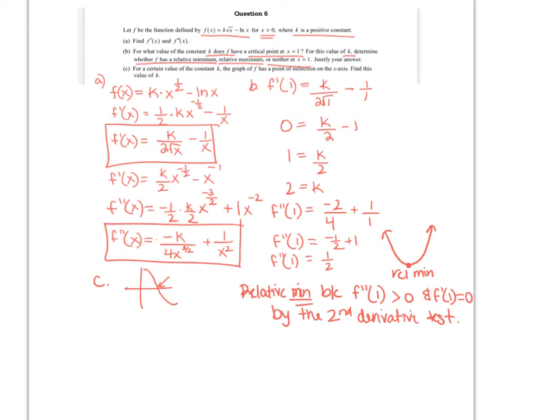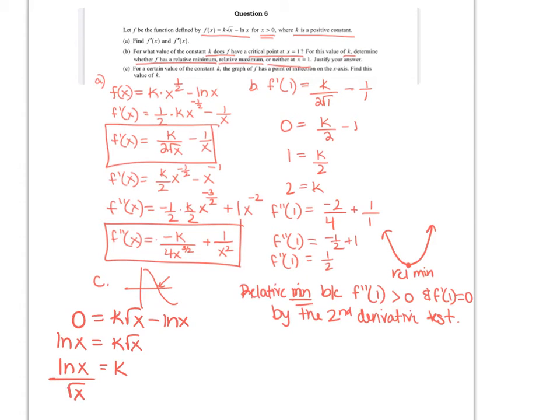Okay? So if we set our original equal to 0, we get k square root of x minus ln of x. If I move this over, I get ln of x equals k square root of x, and we don't know what our k value is, so we notice we do have 2 unknowns, okay?